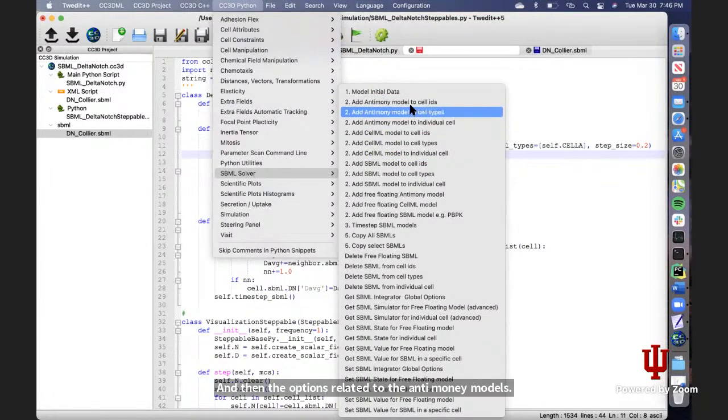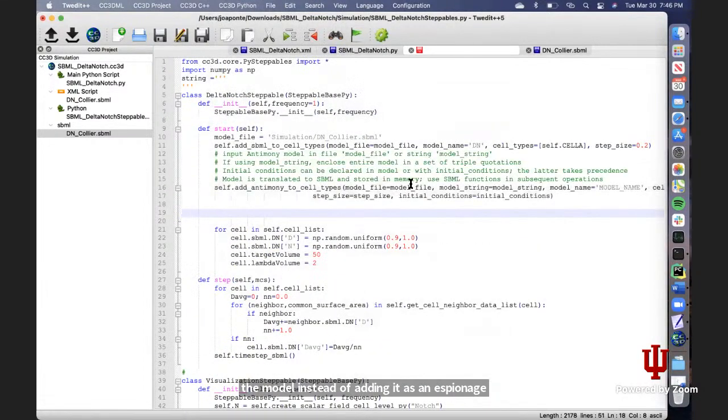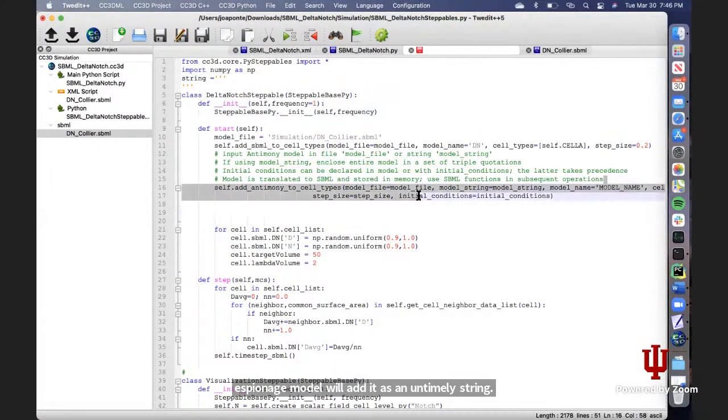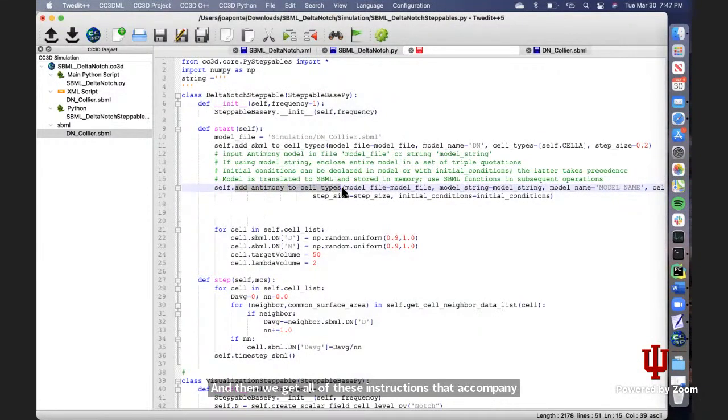So what we want to do is, instead of adding it as an SBML model, we'll add it as an Antimony string. And then we get all of these instructions that accompany the code snippet, but now you see that the syntax is different. Instead of adding SBML to cell types, I have add Antimony to cell types.